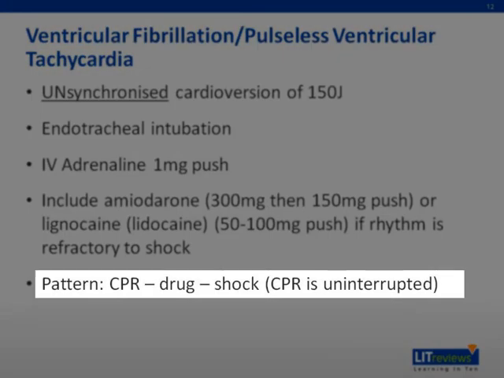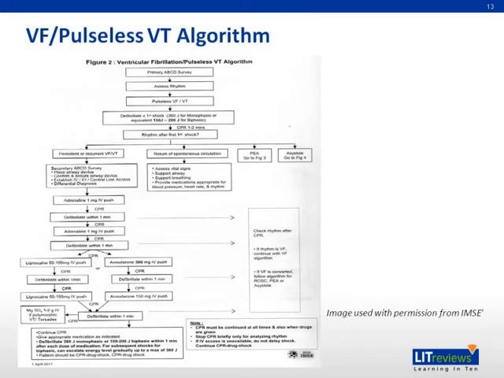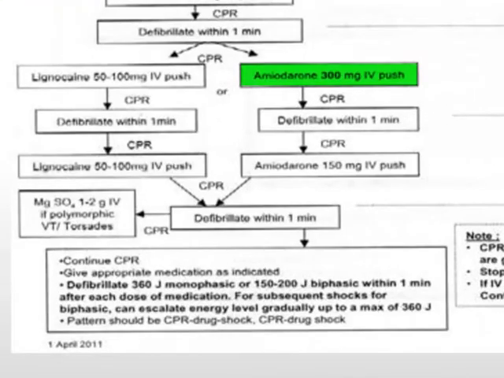The so-called cycle of resuscitation is CPR, drug, shock, with CPR being uninterrupted throughout. This is the latest ACLS algorithm for VF and pulseless VT, in which the first dose of amiodarone has been increased from 150 mg to 300 mg push, meaning it is given as a fast bolus.